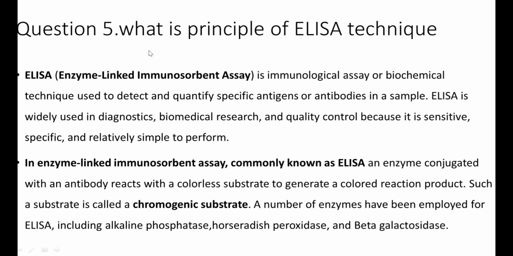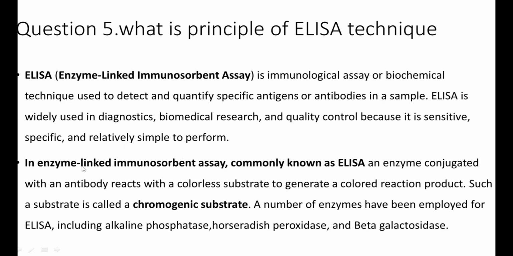This technique is also based on the antigen-antibody interaction. It is widely used in diagnostics, biomedical research and quality control because it is sensitive, specific and relatively simple to perform.